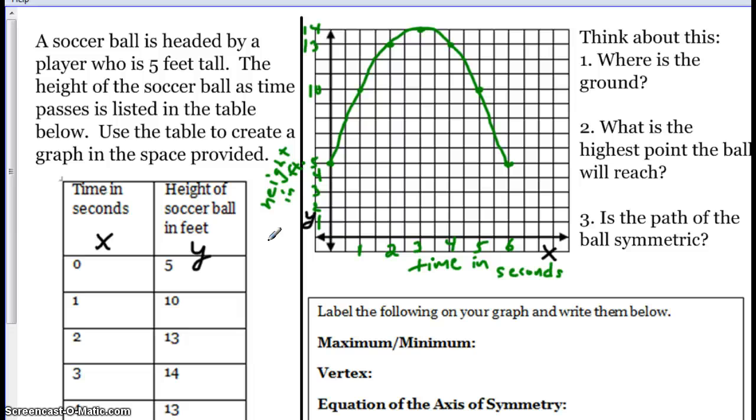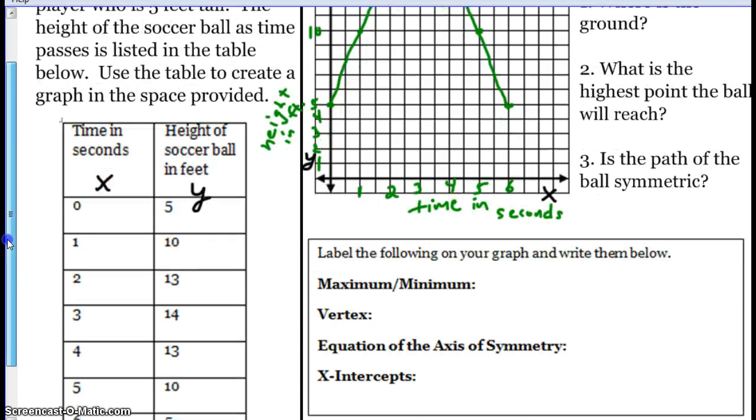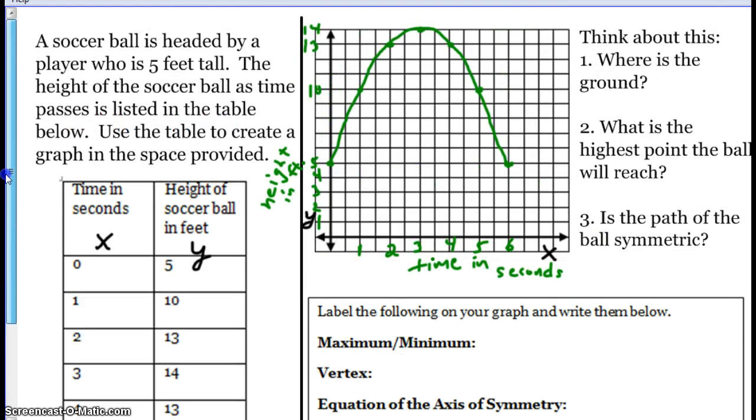And in this case, our soccer ball started off on being headed by the 5-foot tall player who heads it out of the penalty box and then goes all the way up 14 feet and then comes back at 5 feet. Now we don't have any more data, so we don't know if someone else headed the ball at that point or if it was controlled and brought down and then passed on the ground. But that's all the data we have, so we're going to stop there and then think about our questions.